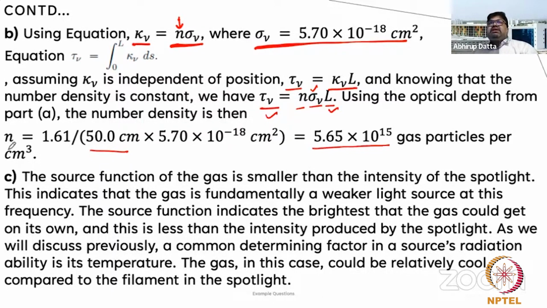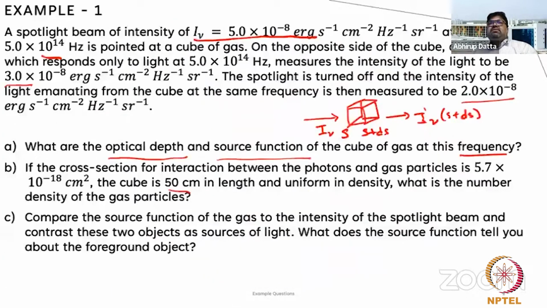Now let's go and check the third one. The third one says, compare the source function of the gas and the intensity of the spotlight beam, and contrast these 2 objects as sources of light. What does the source function tell you about the foreground object?